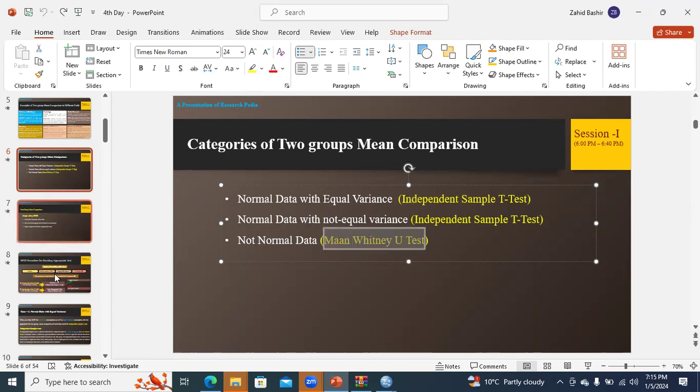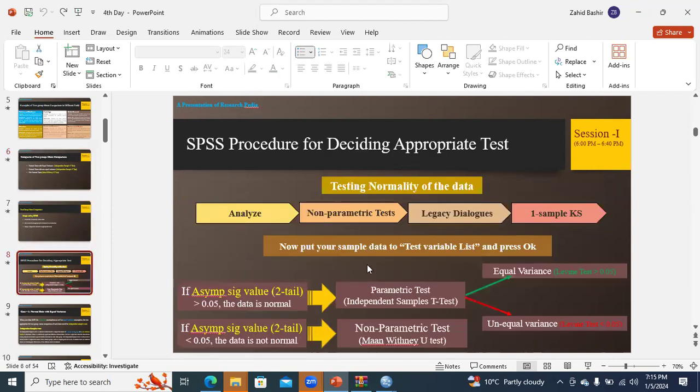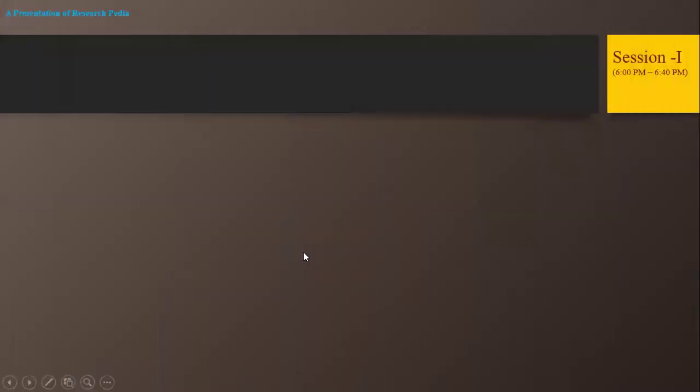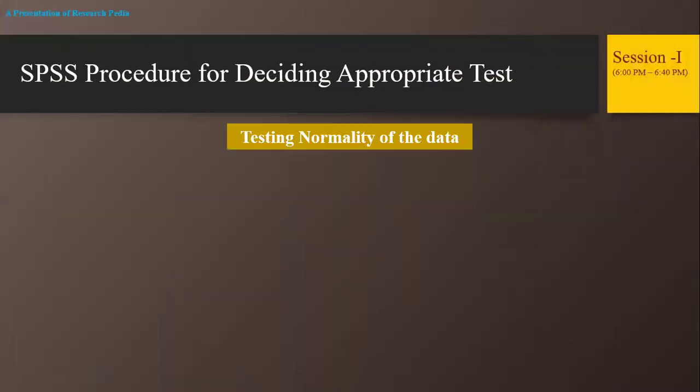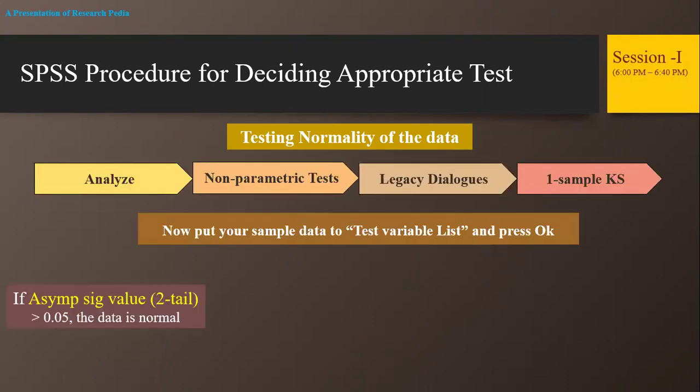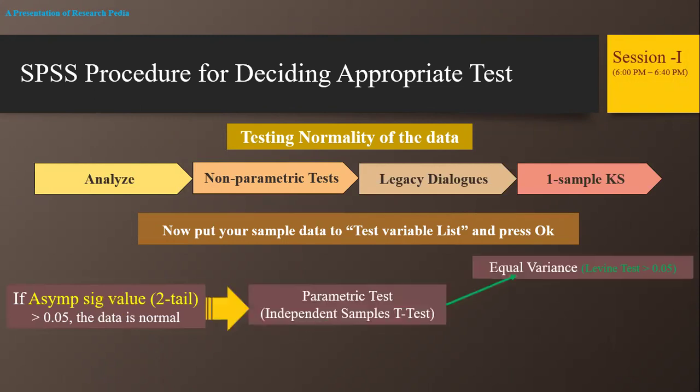I have also shown it in this diagram that first you need to check whether the data is normal or not using this procedure. If your asymptotic sig value shows that it is normal, go for the parametric procedure under equality of variance or inequality of variance.